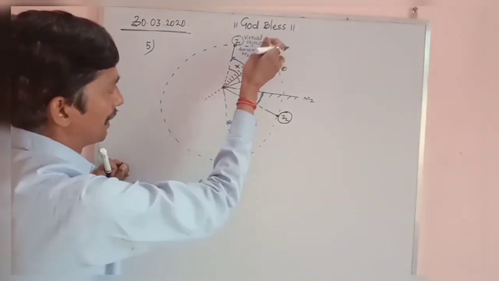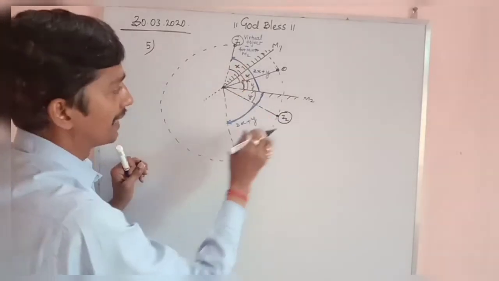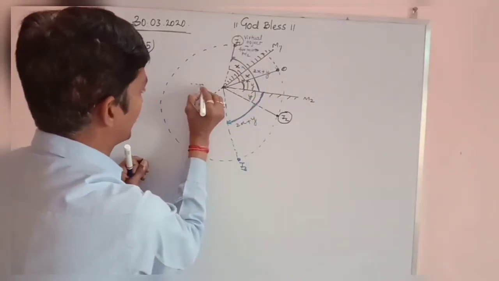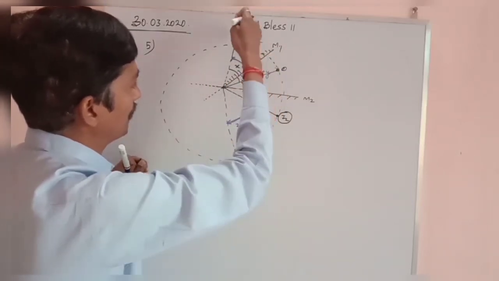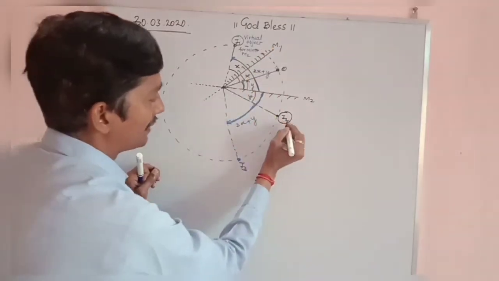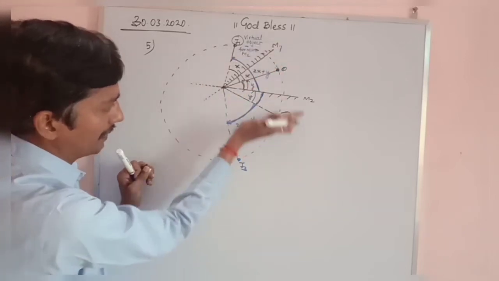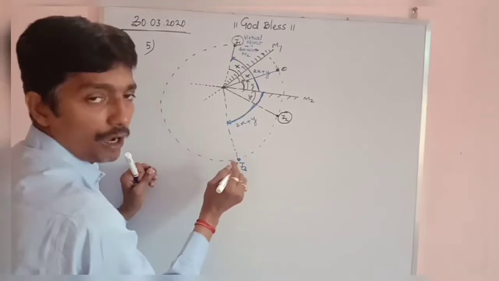So mirror M1 is here, and this I2 is the object in front of the mirror. Just as I1 was for M2, because I can extend mirror M2 like this, so I1 became the object in front of M2 and its image formed here. Similarly, I2 is in front of mirror M1, so it will form an image of this I2 also.